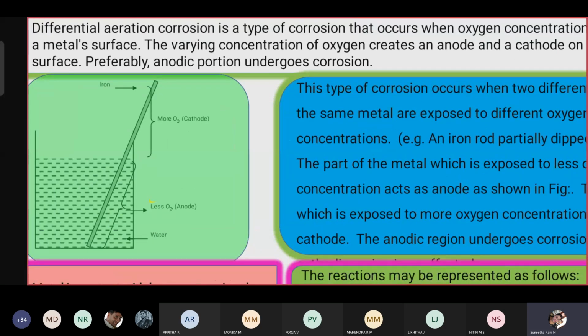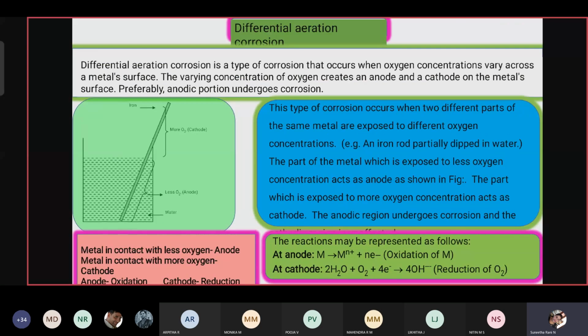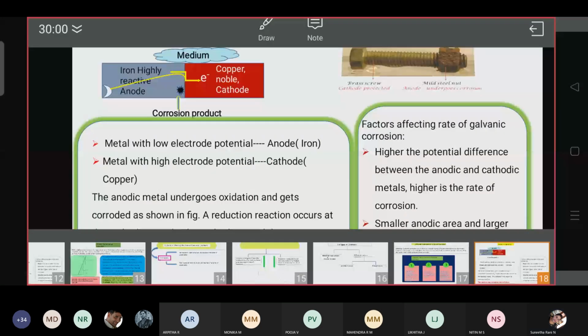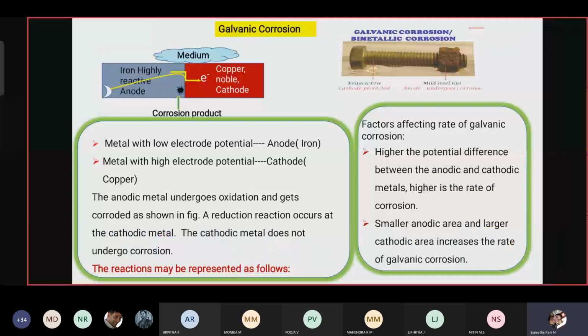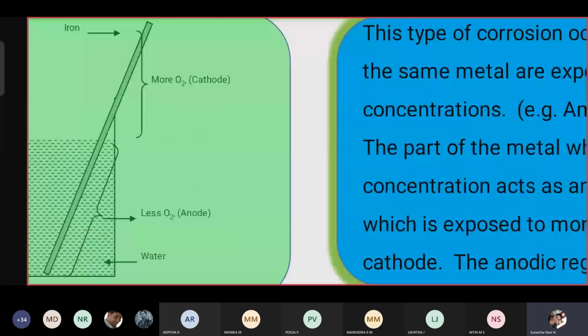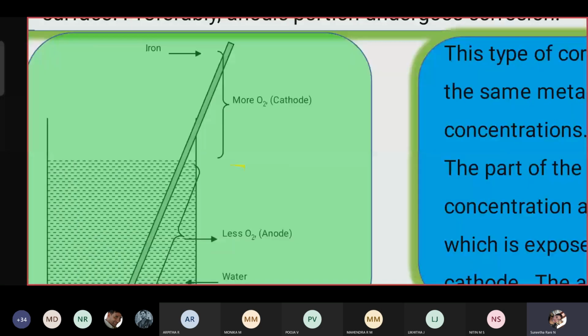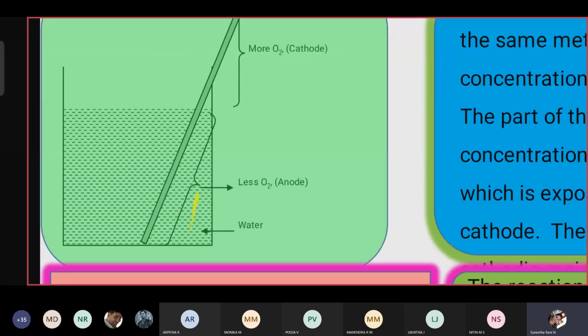So here the half electrode which is more exposed to the environment, that portion acts as a cathode. And the part which is immersed in the water, where less active oxygen is available for the corrosion, acts as an anode.